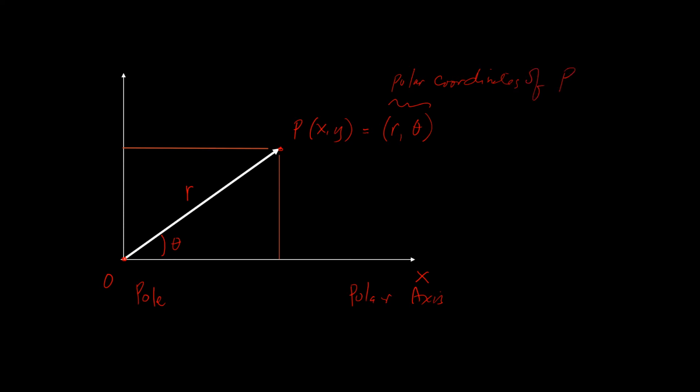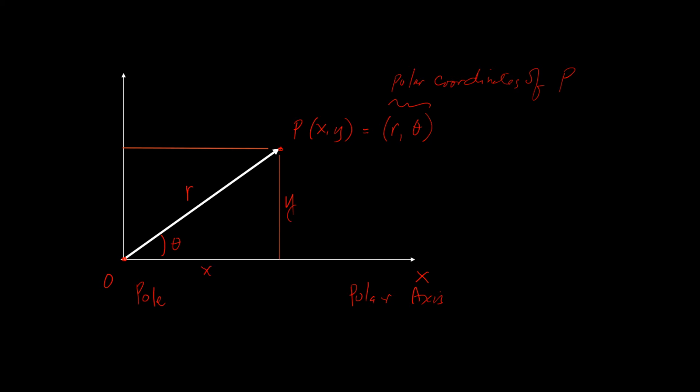of point P. And from this, we can establish the relation between the rectangular coordinates x, y, as well as the radius r and the angle theta. This is equal to y and this is equal to x.